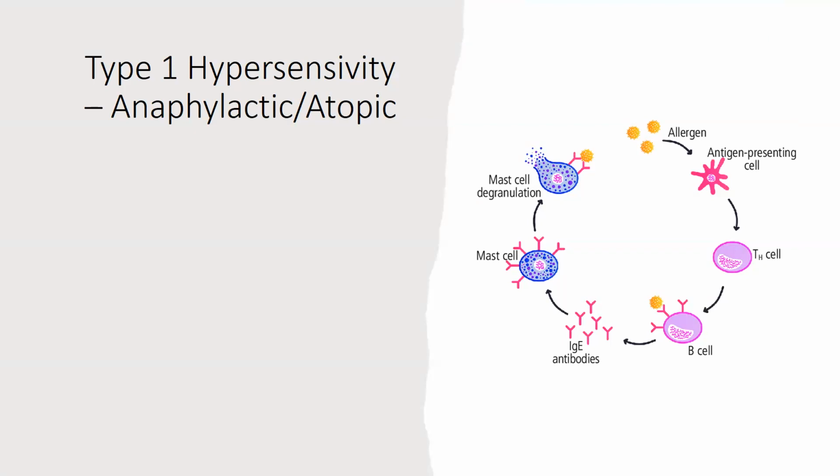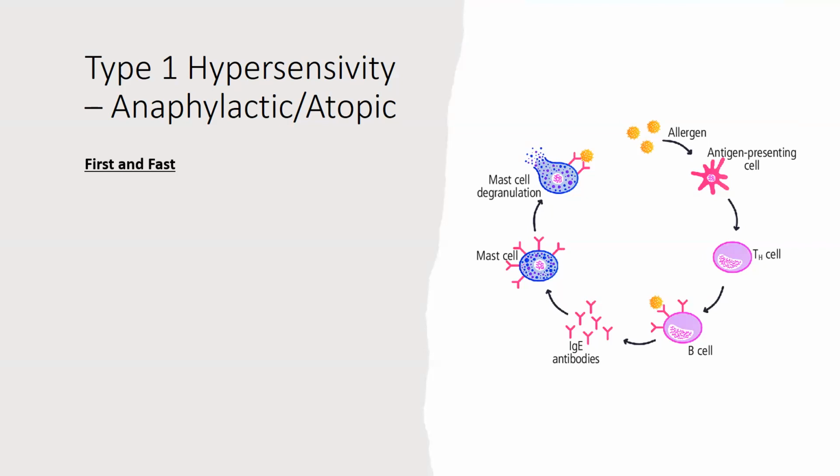So type 1 hypersensitivity is typically given as anaphylactic, although atopic is an example of type 1 hypersensitivity. So atopy is an example of a type 1 hypersensitivity, not of delayed hypersensitivity. That's commonly asked. They commonly try to pull you there.